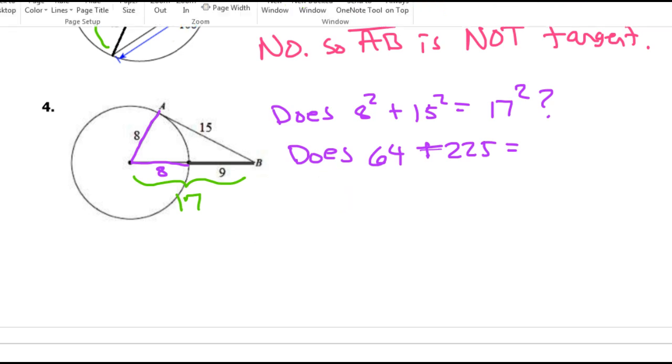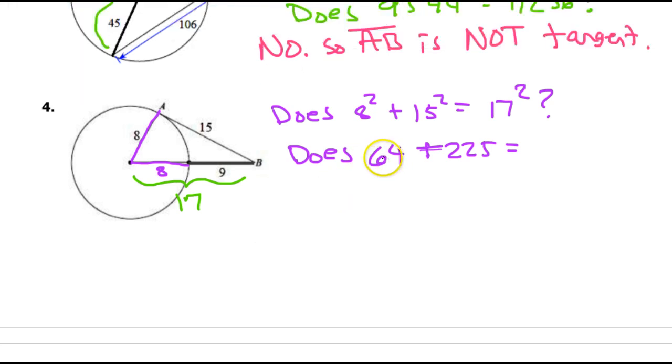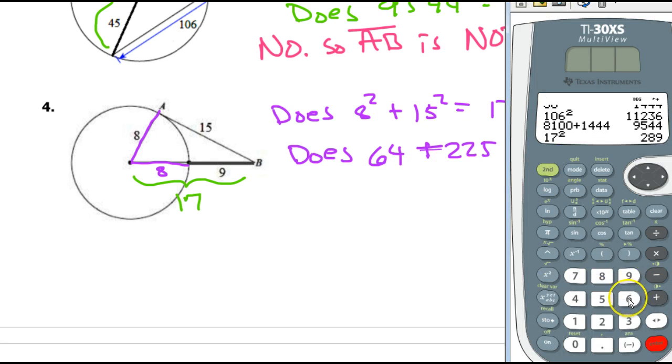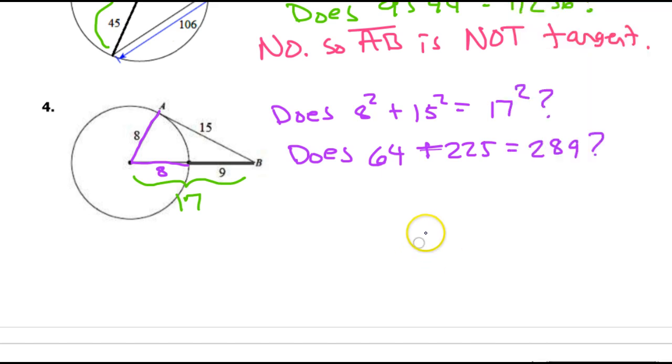In other words, does 64 plus 225 equal 289? Well, let's see. Oh, look at that.